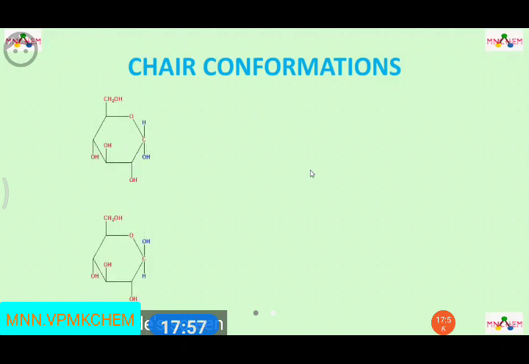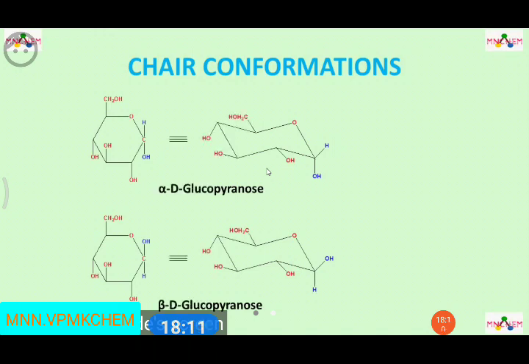The two anomeric forms of D-glucopyranose are written here, which are then easily converted into the respective chair conformations. Here we have two chair conformations for alpha-D-glucopyranose and beta-D-glucopyranose.